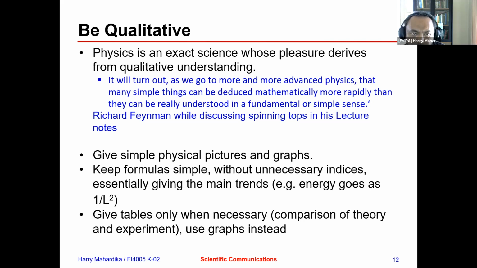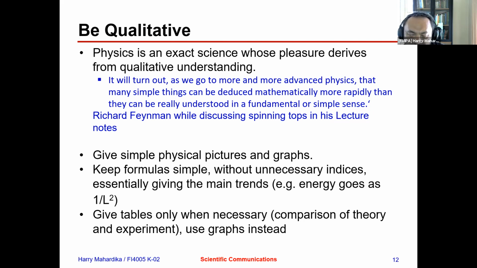So sometimes it is easier for us, especially if we have an audience whose background is not from academia, for example, common people or people who have a minimum amount of understanding of a certain scientific matter. So being qualitative becomes one of the suggestions that you can follow, okay?